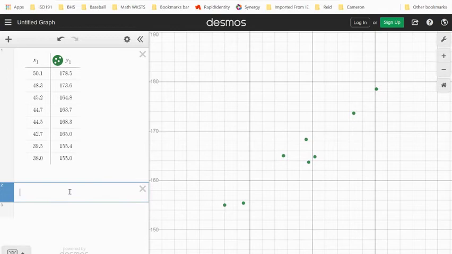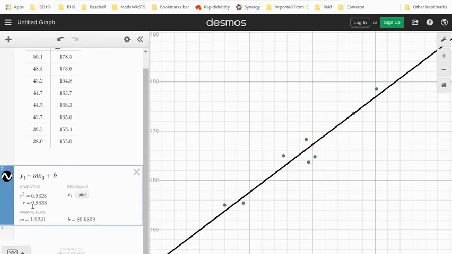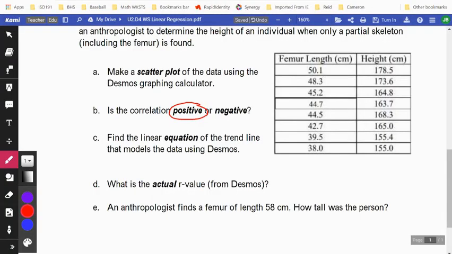So to do that, I need my code. All right, I see the R value is 0.9658. My equation is going to model y equals mx plus b.